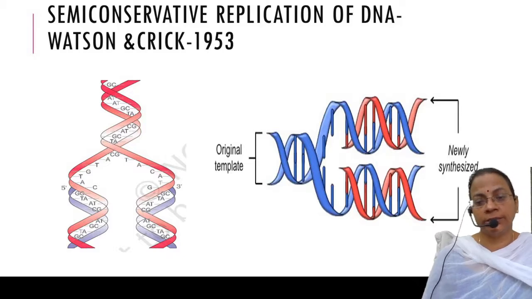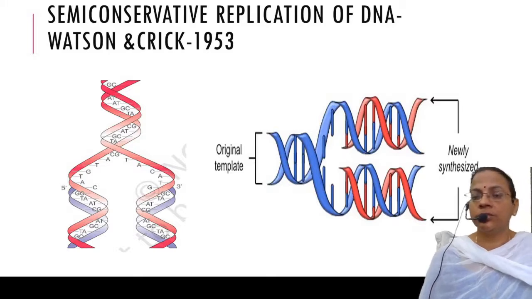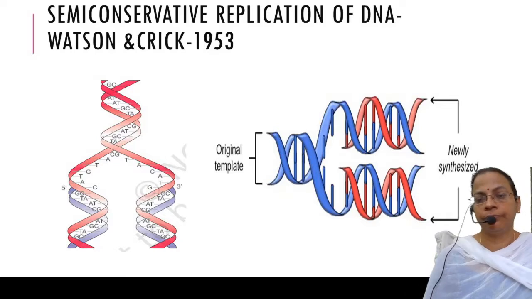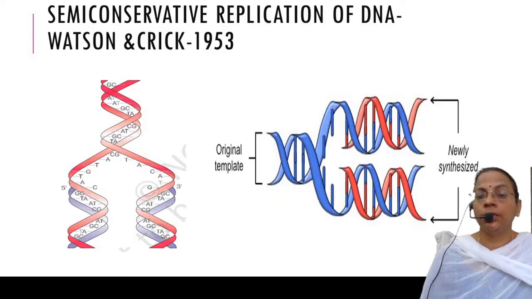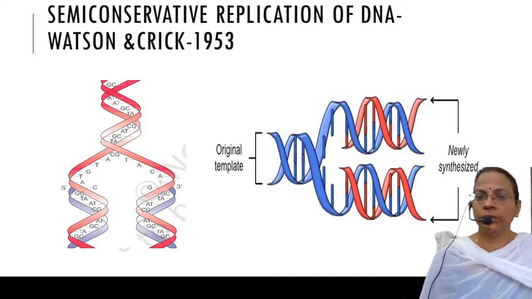How are they getting the exact number? For this concept, the replication of DNA, the two scientists Watson and Crick proposed that when dividing, the DNA adopts a method called the semi-conservative mode of replication.